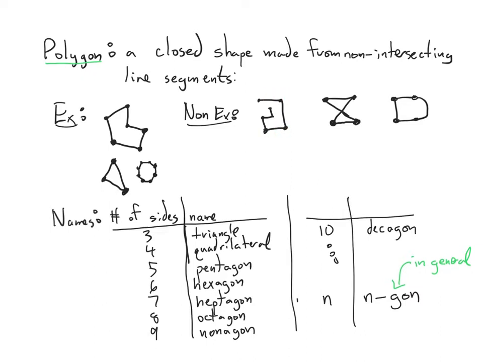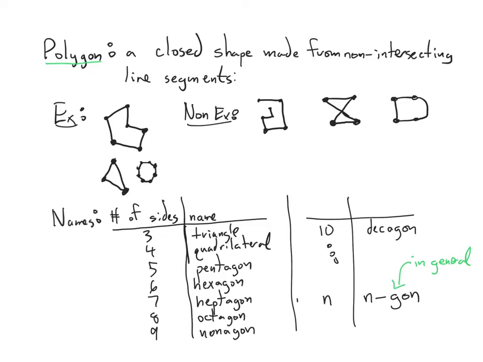This one is made up of non-intersecting line segments, but it's not closed. There's no clear interior or exterior of this. So this is not closed, so it's not a polygon. This one has the diagonal line segments intersecting at the middle there.